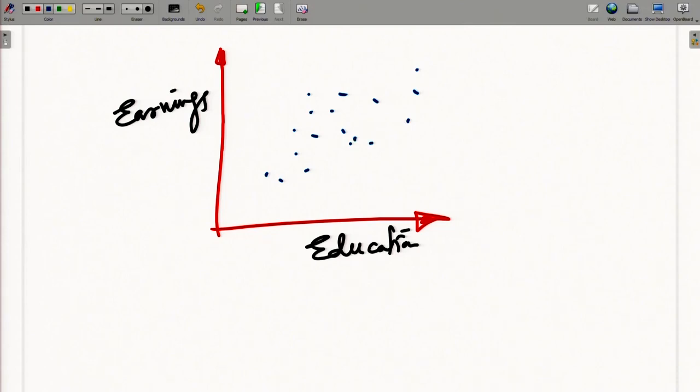And from the scatter plot, we actually end up drawing a regression line.